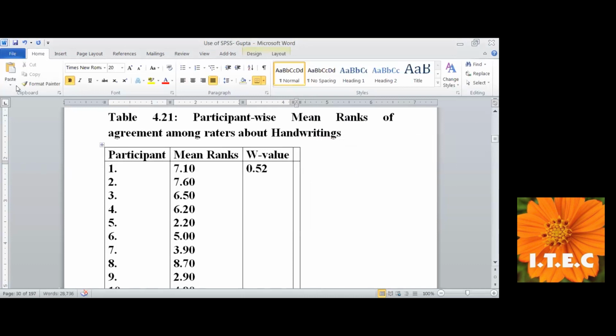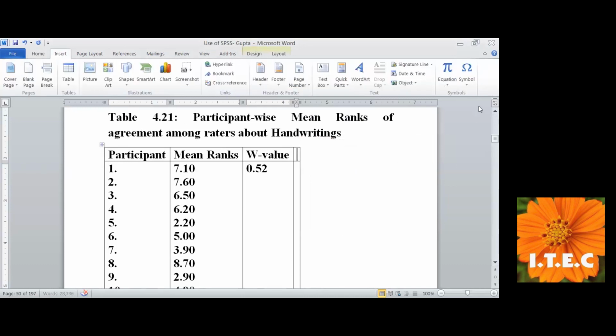I can insert the table. This is chi-square.